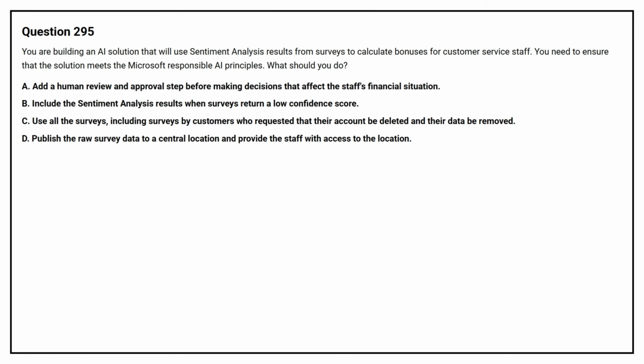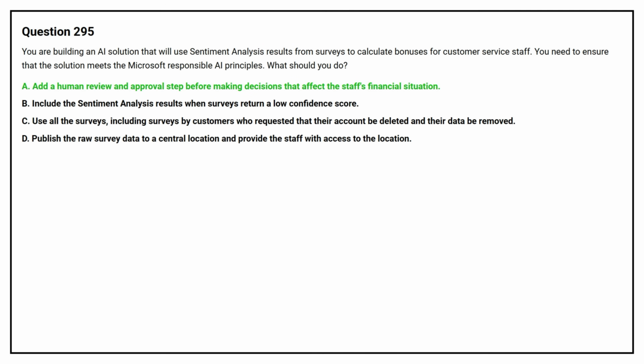Option C. Use all the surveys, including surveys by customers who requested that their account be deleted and their data be removed. Option D. Publish the raw survey data to a central location and provide the staff with access to the location.